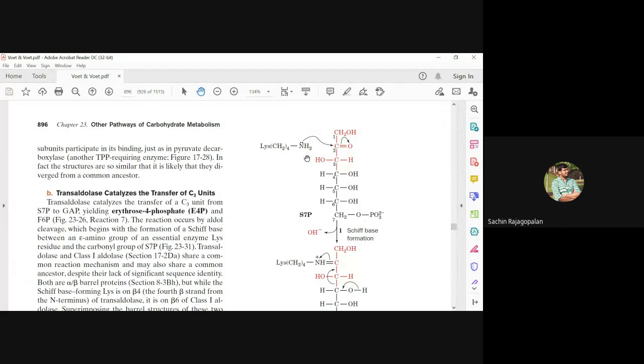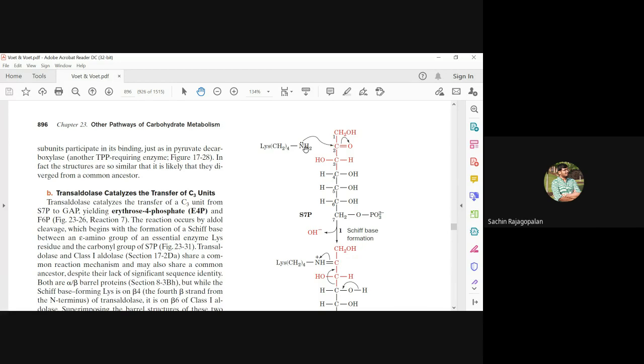But in this process, we are going to eliminate the oxygen which is present on the second carbon. We are going to remove it as a hydroxyl group. So to remove a hydroxyl group, I'm going to eliminate one hydrogen from the amino group and this oxygen. So a hydroxyl group will be removed and a Schiff's base will be formed.